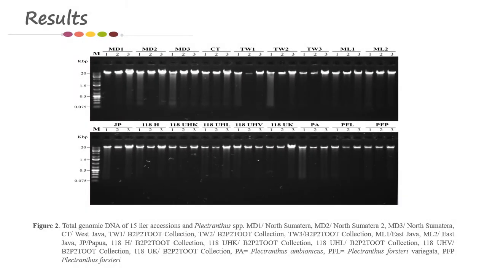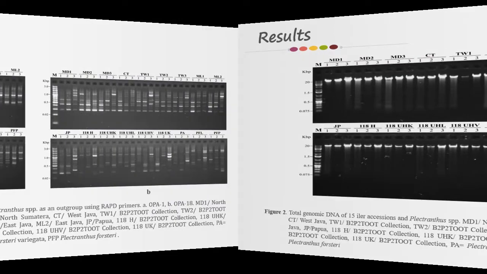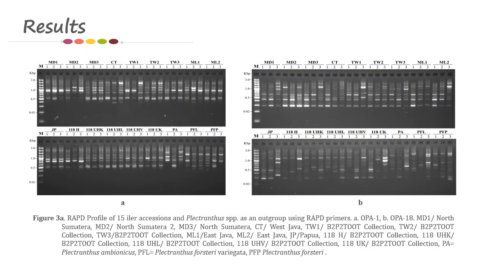Figure 2 shows total genomic DNA of 15 Iler accessions and Plectranthus species. There was good quality and quantity of genomic DNA in each accession. Out of 25 primers screened, 6 primers produce clear and high polymorphism DNA fragments among accessions.